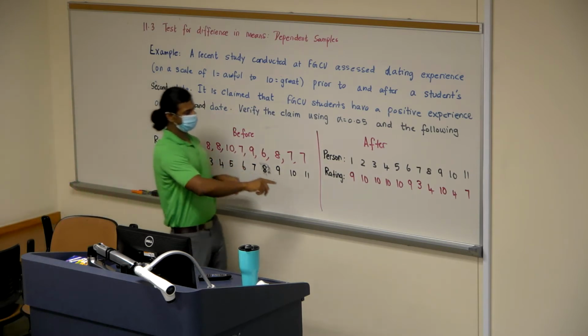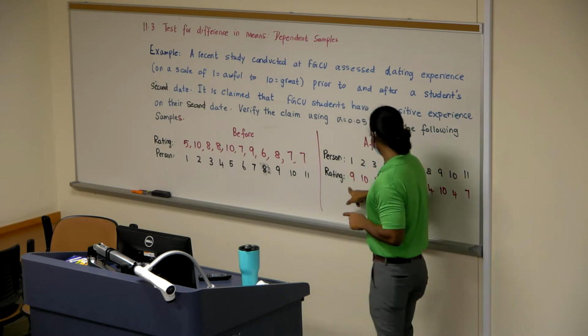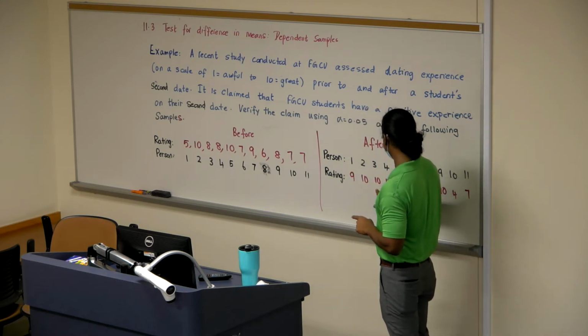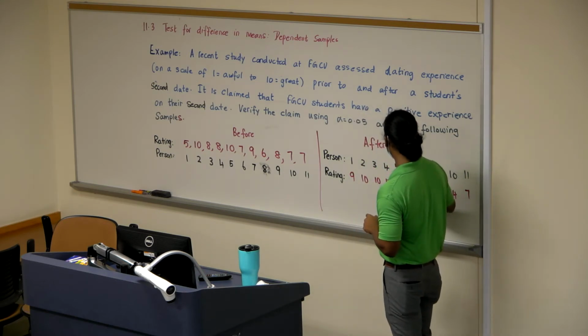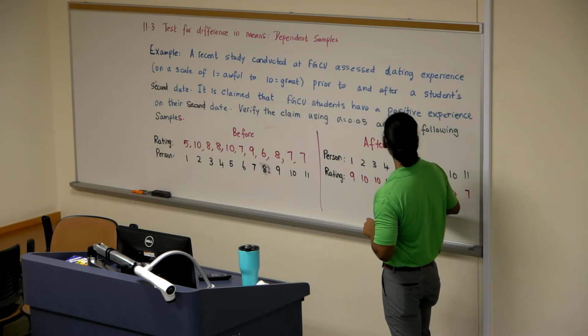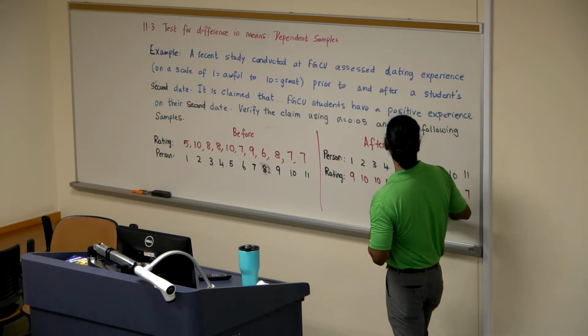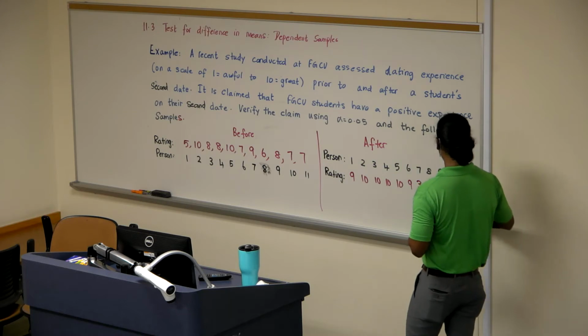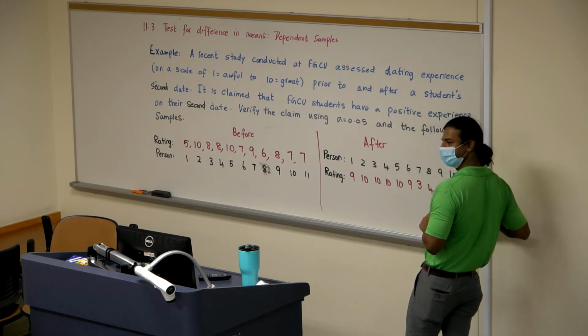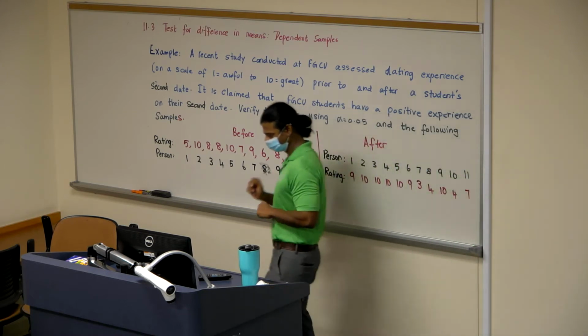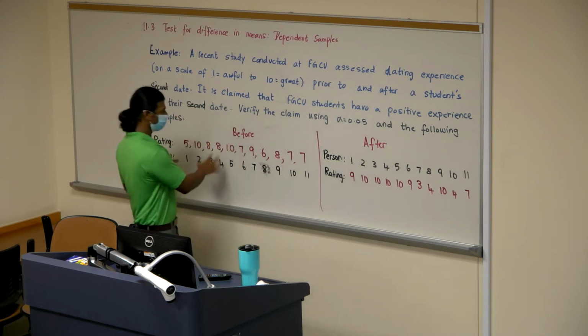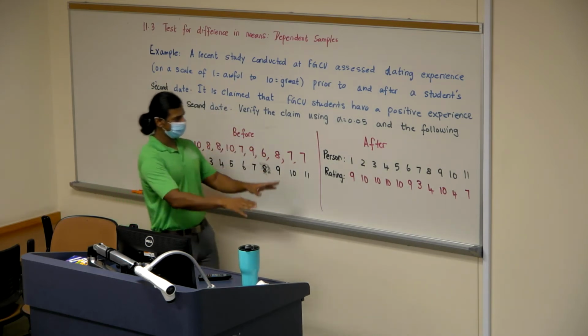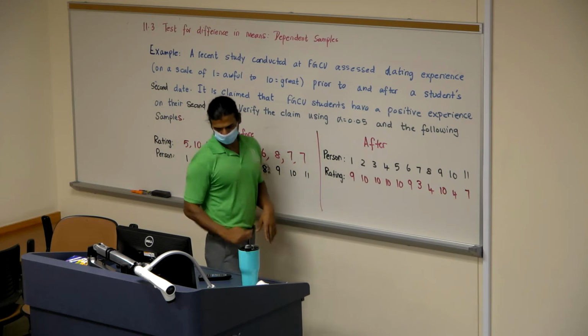For the after: 9, 10, 10, 10, 10, 9, 3, 4, 10, 4, 7. And we have a before sample, we have an after sample, and we want to verify the claim.